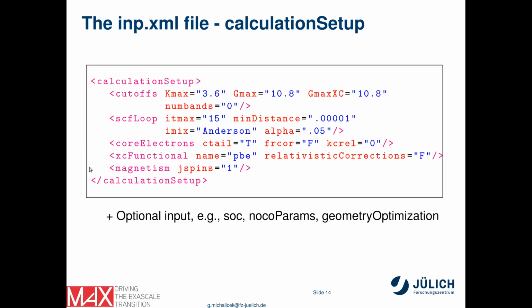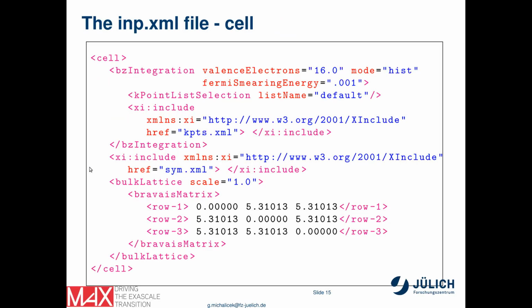non-magnetic. And then there's the cell section, and the first thing we have to define there is the number of valence electrons, so in this case it's 16. And we also define there some smearing for the occupation function. Then we have to define what list of k points we want to use. So we can have different lists in our input, and here we select the list by a certain name.